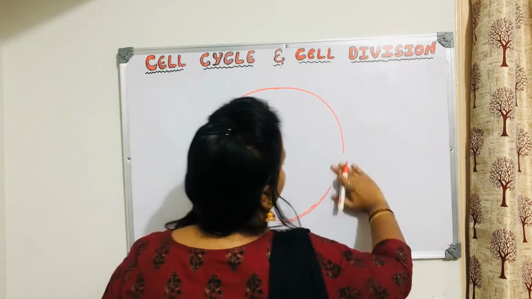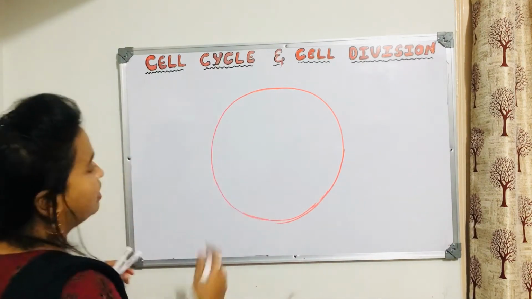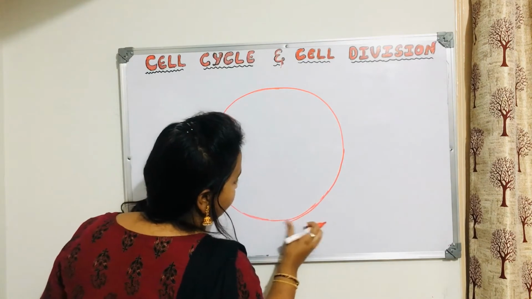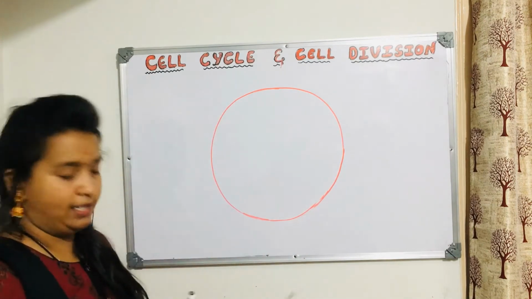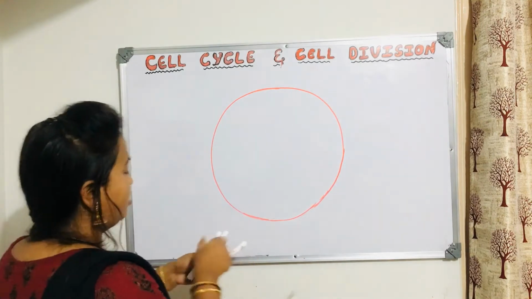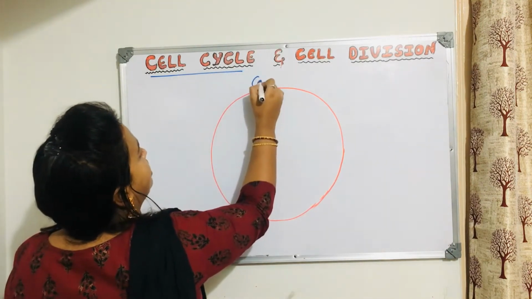Clear. Okay, let us consider this is a circle. Now, what we need to understand here is the cell cycle. So we are talking about the cell cycle. Anyway, I'll write once again.